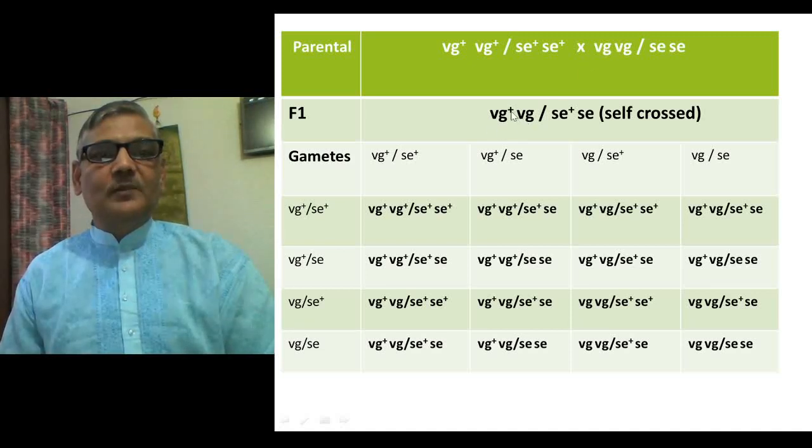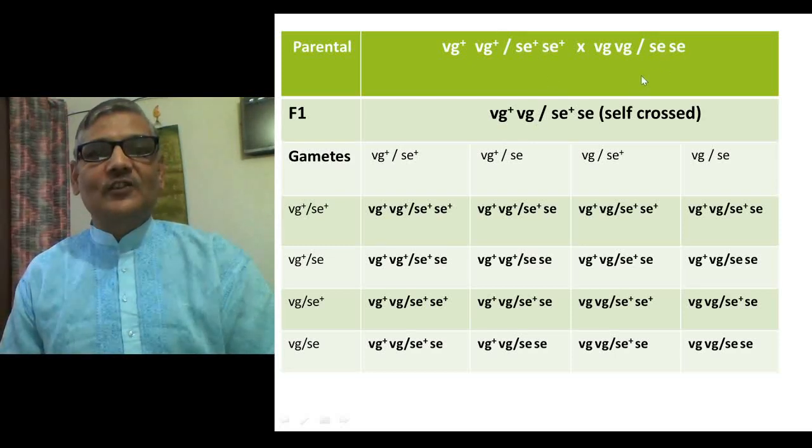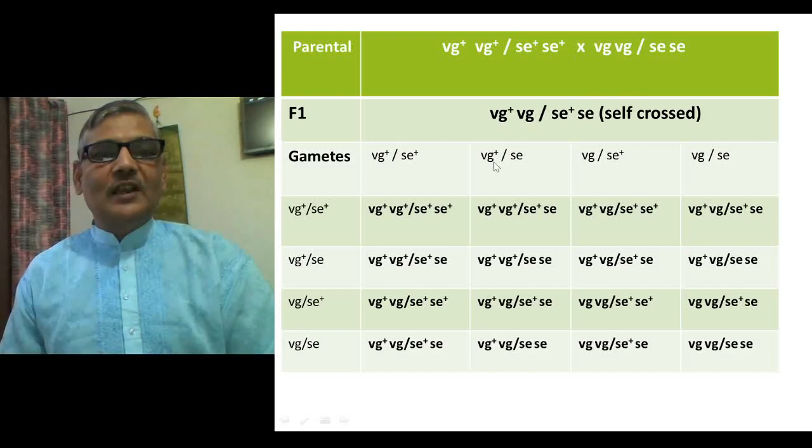So these flies will be Vg+ Vg. And for the other gene locus, they will be Sc+ and sc. So these are heterozygous flies. Genotypically they are Vg+ Vg and Sc+ sc, and these flies will show normal phenotype. So all F1 flies will have normal phenotype.